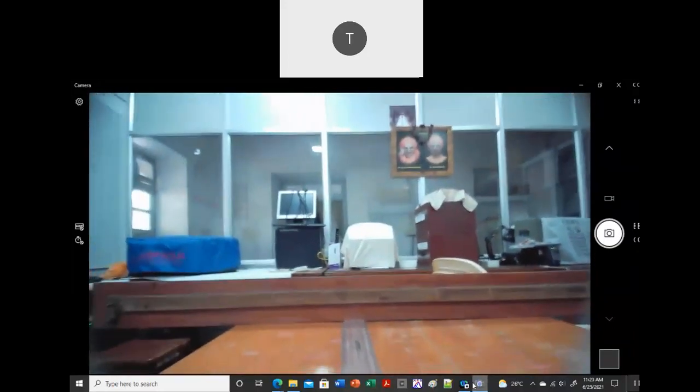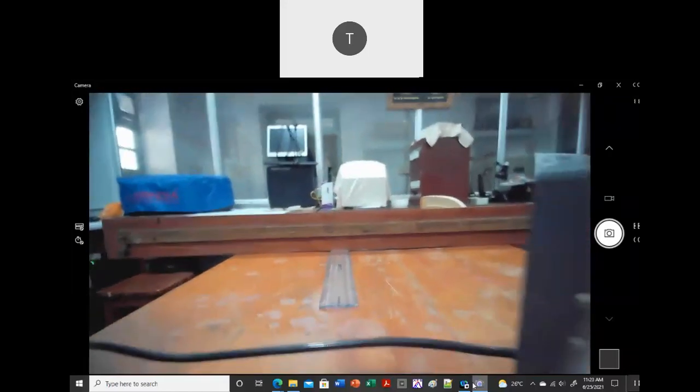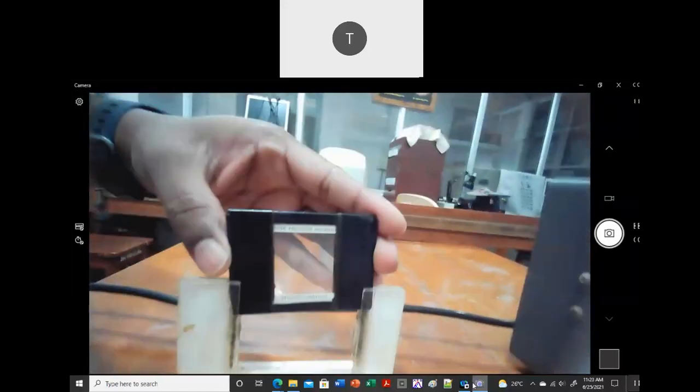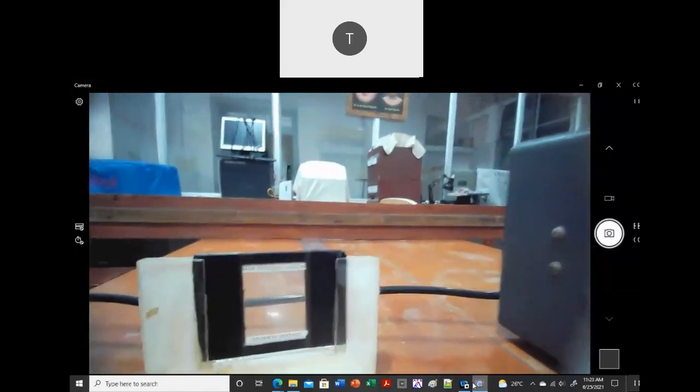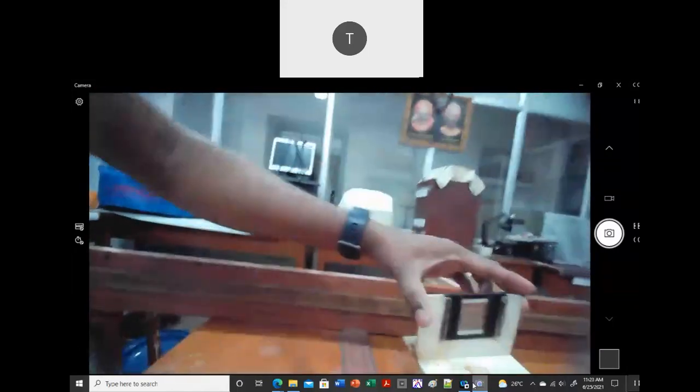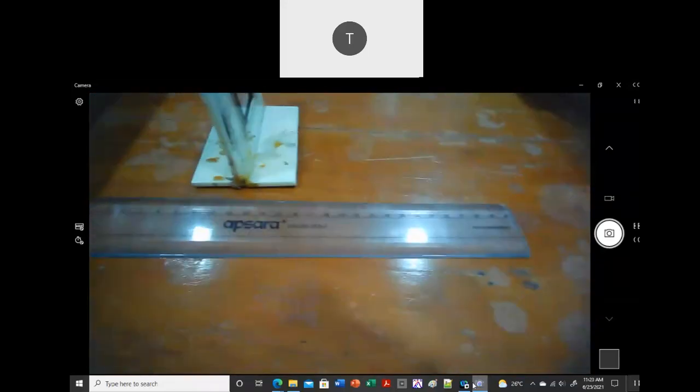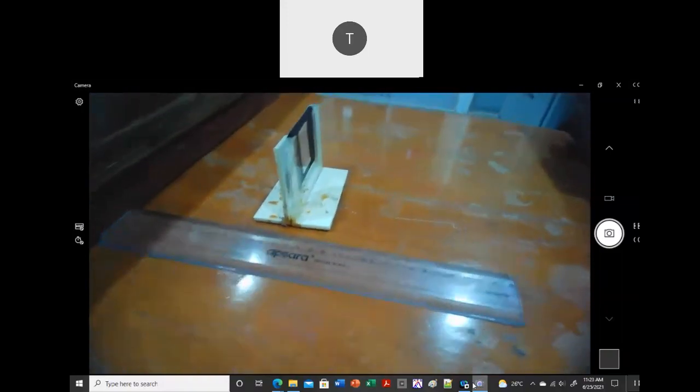This is your screen in your experiment. Then we use this grating stand. I'll put this grating inside this, so it is going to stand like that, and then I'm going to place it here, somewhere in the middle. Then I have one more scale. This scale is used to know the distance of the grating. So this is your grating.